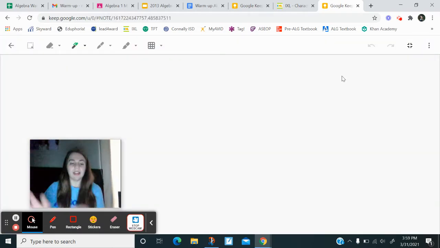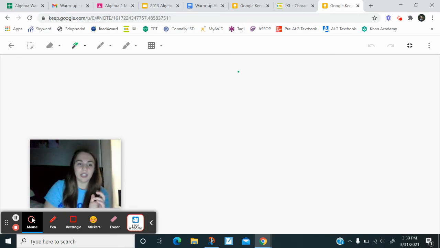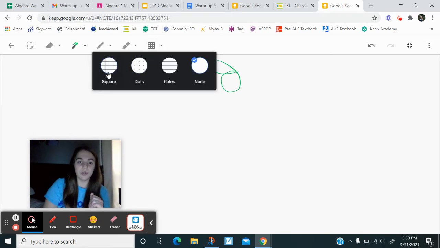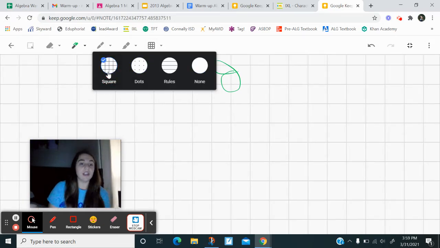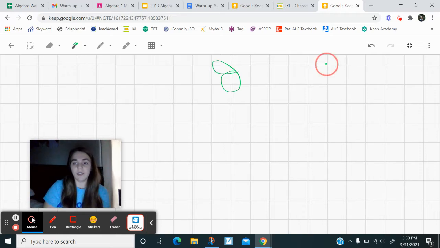Open it up and it lets you draw anything. So if you don't have paper, you can draw on here. You can use your mouse to click and draw. You also have an option to use squares, so this is now a grid. You can make a graph. If you needed to make the y and the x axis, that is how you do that, okay? And then you can graph from there.